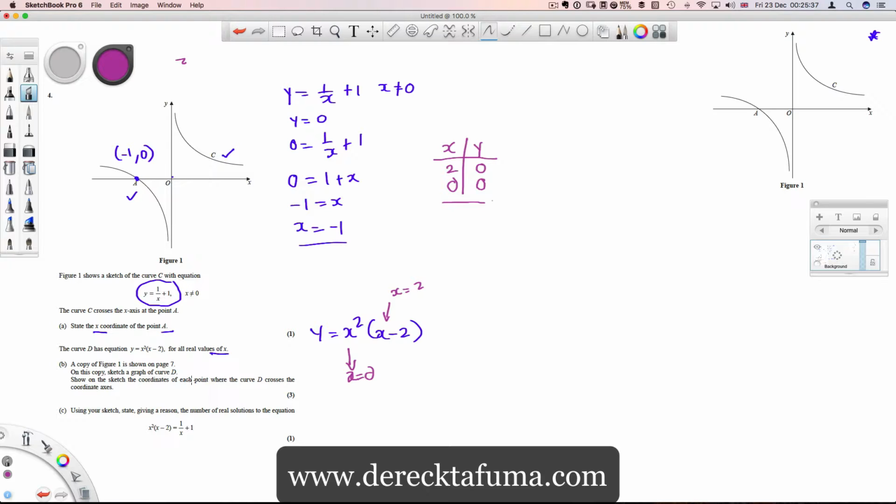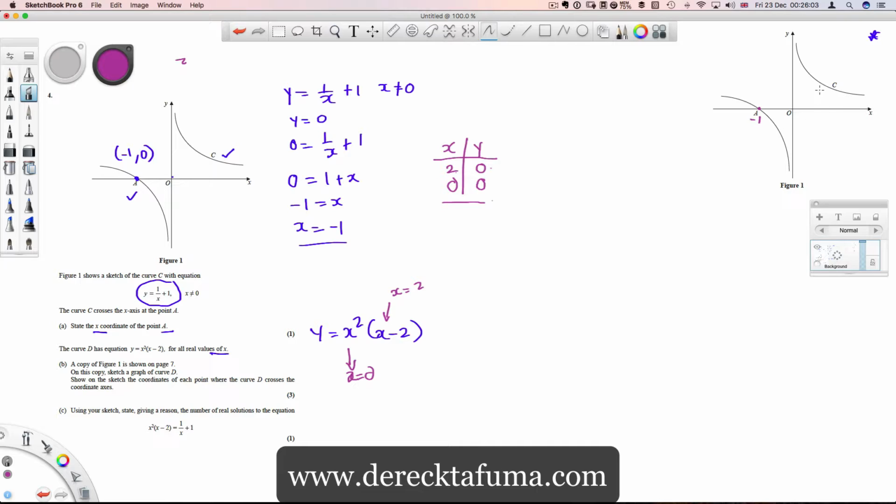So sketch on the graph the coordinates of each point where the curve crosses the axes. So already we know that this point is minus 1, because that's minus 1, 0. Now we also know that it is going to cross when x is 2 and y is 0.